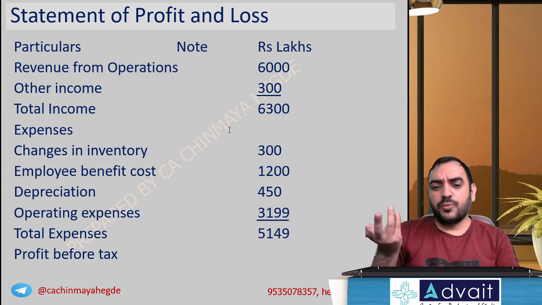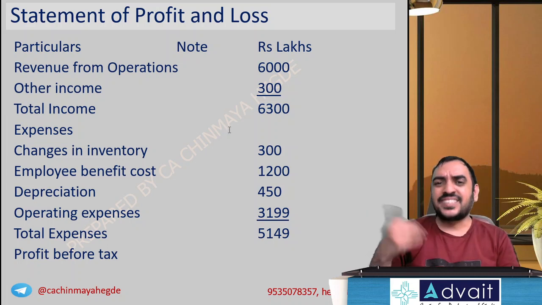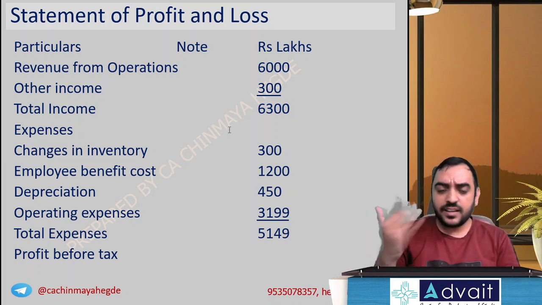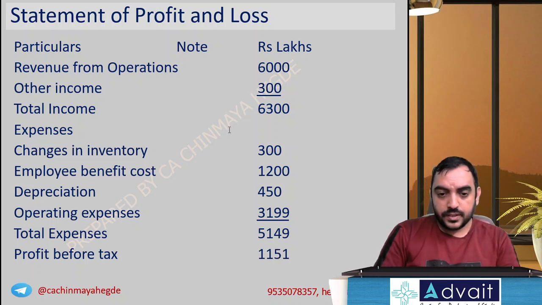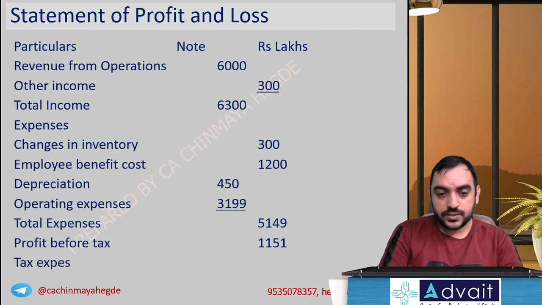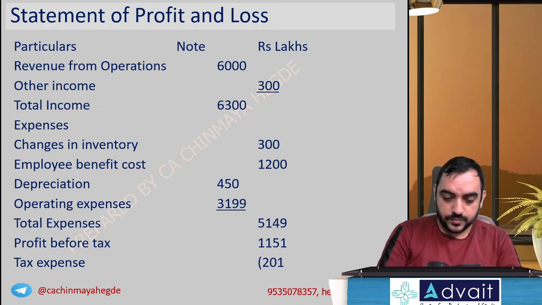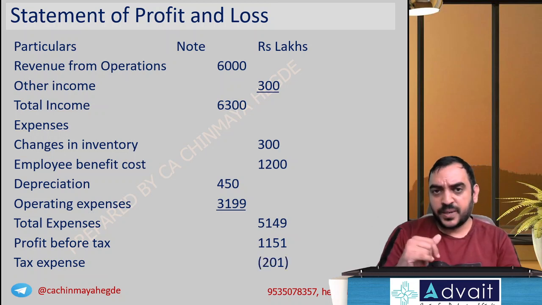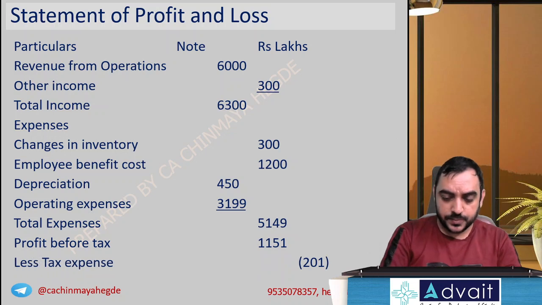We don't have to worry about continuing operations, discontinued operations, or exceptional items because none of that information is there. You need not write it. 1,151. Then tax expense 201. We don't have information on deferred tax and current tax separately, just say tax expense.